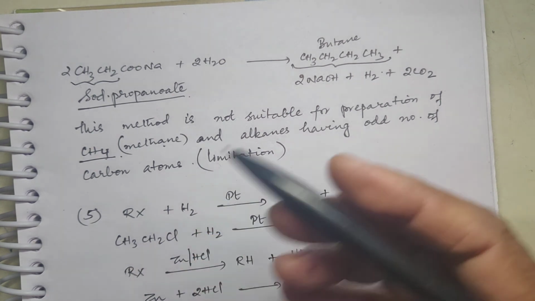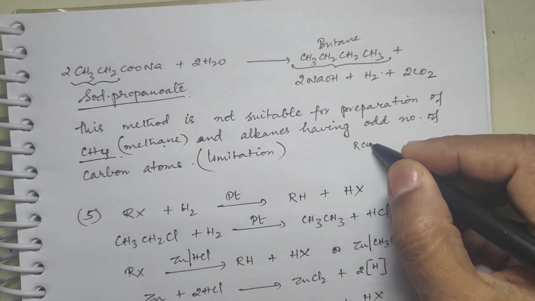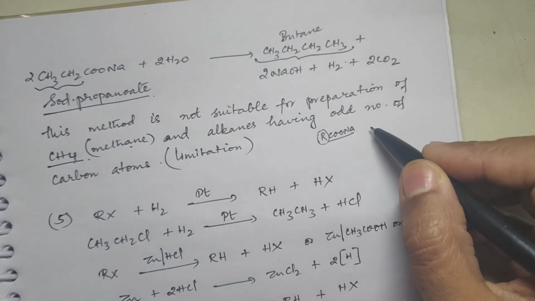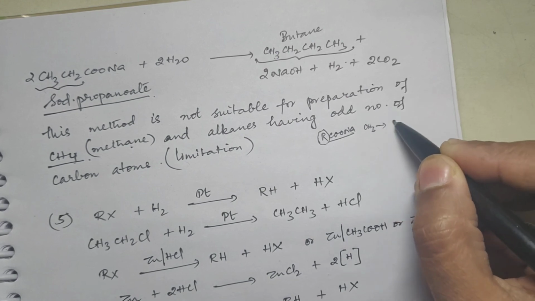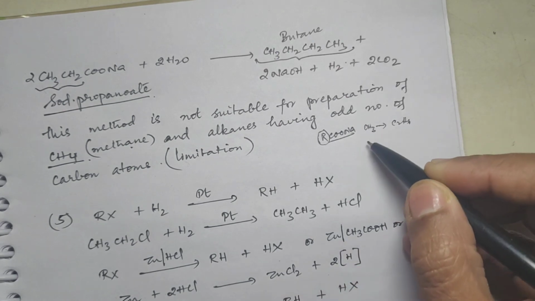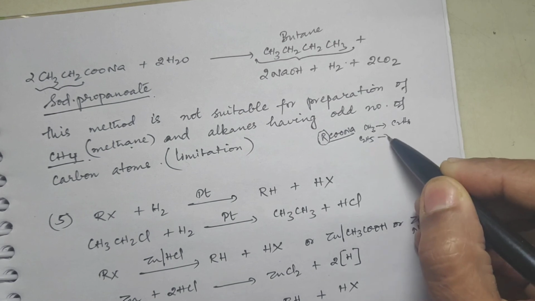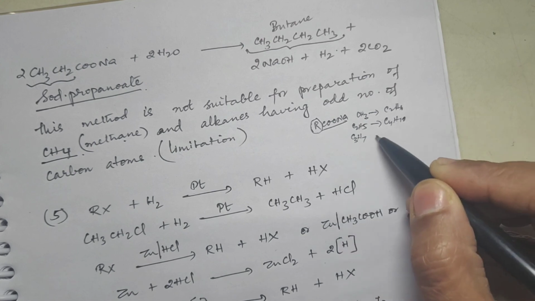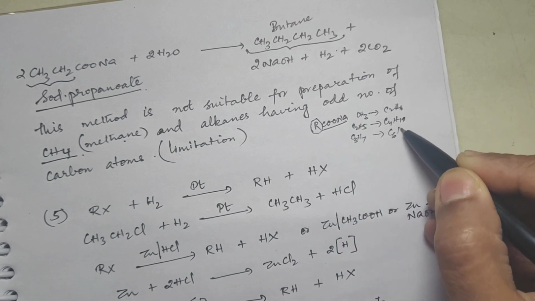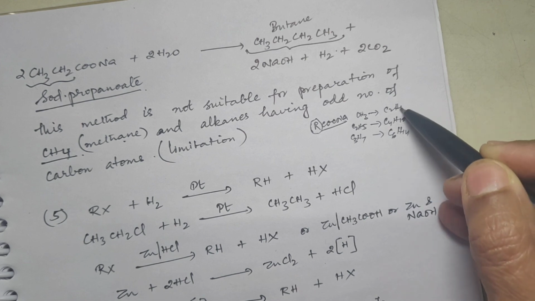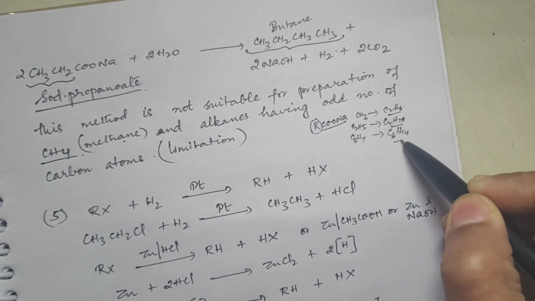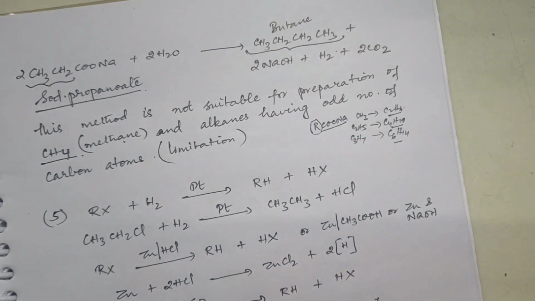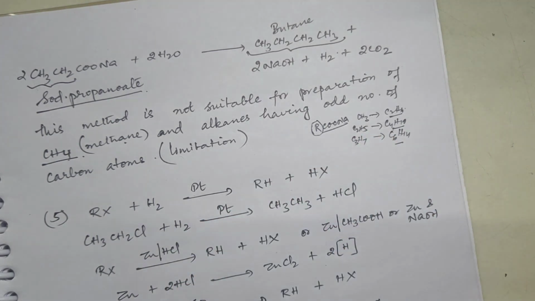You are starting with the sodium salt of an acid, so this R is going to get doubled. If it is a single carbon, it gives double the number of carbon atoms. If it is a 2 carbon alkyl group, it gives C4H10. If it is a 3 carbon C3H7, it gives C6H14. So you cannot get an alkane having an odd number of carbon atoms by this method. Right? So that is Kolb's electrolysis.